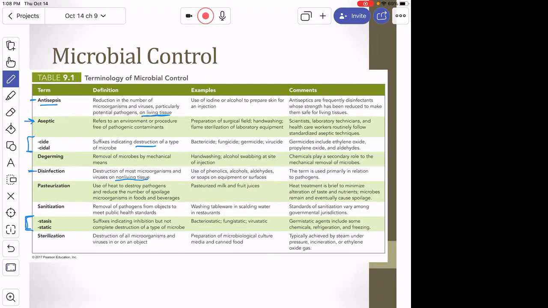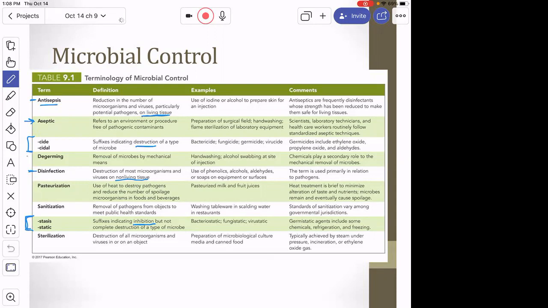Virucidal destroys viruses. Some chemicals or methods of microbial control may not necessarily kill the microbe, they just may inhibit it. So something that's static, like a bacteriostatic measure, will just keep bacteria from growing in numbers. Won't necessarily kill it outright. And sometimes that's good enough.